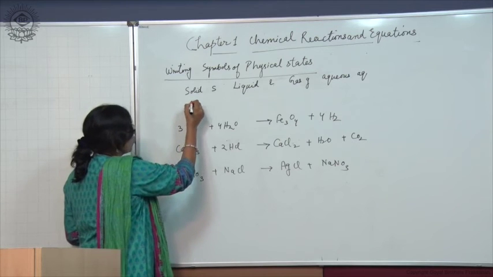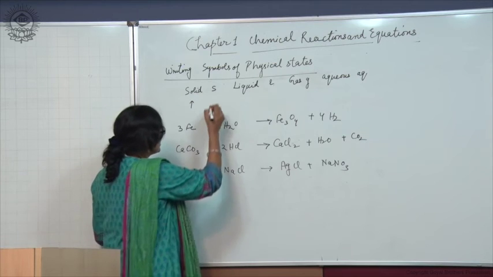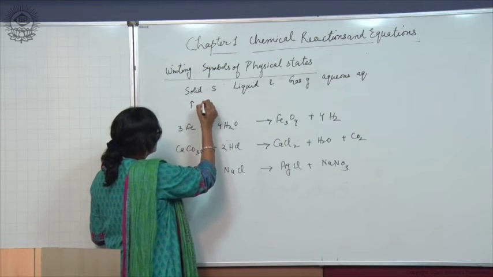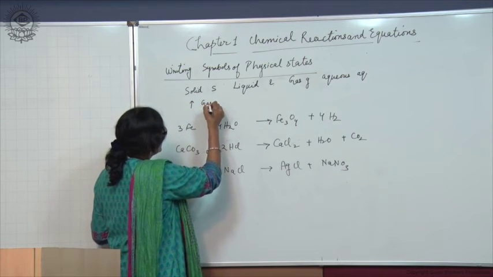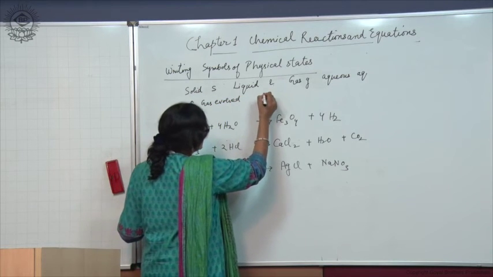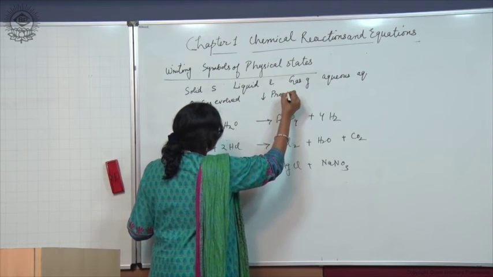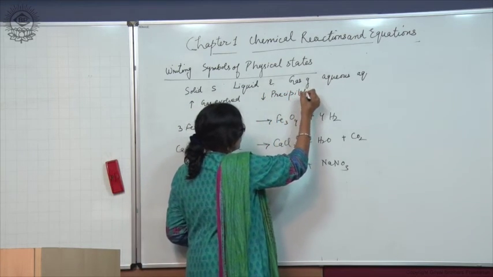If a gas is evolved, then we make an upward arrow like this, and if a precipitate is formed, we make a downward arrow. The upward arrow is for gas evolved, and the downward arrow is for precipitate formed.